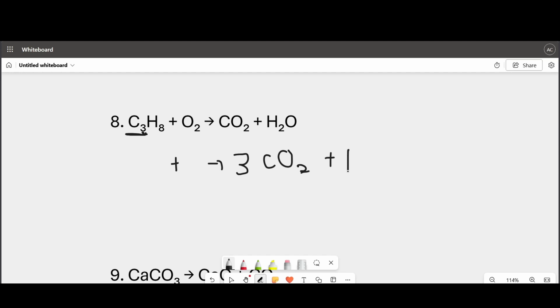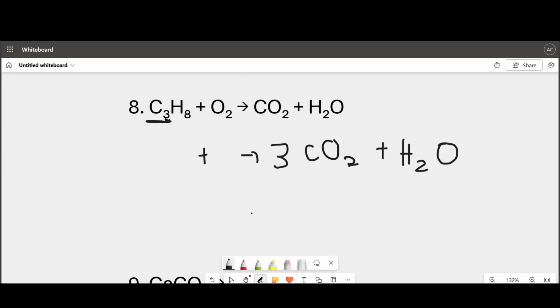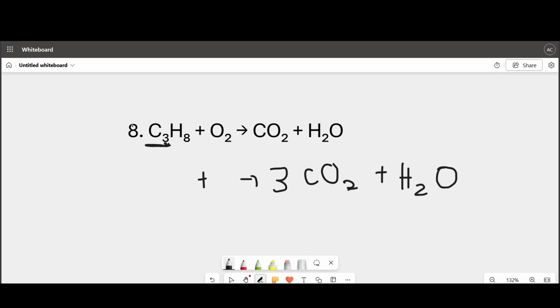Okay, so we got that. Got 3 CO2, so we've balanced the carbon.